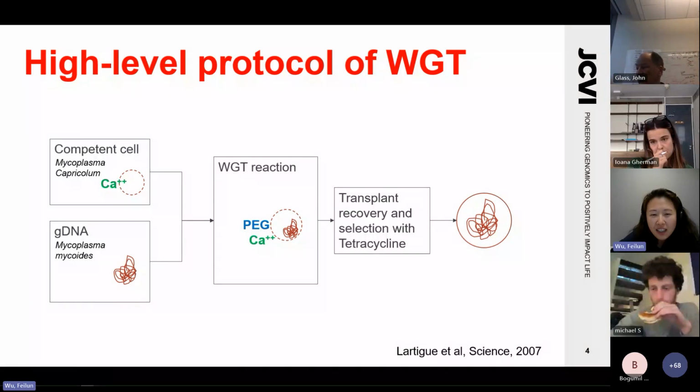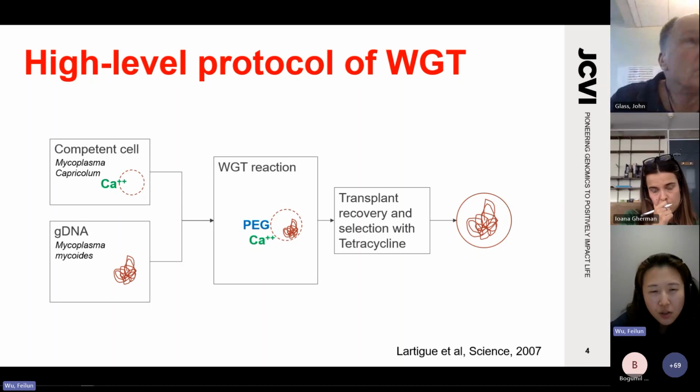You may think that whole genome transplantation just looks like a transformation. And at this high level of protocol, yes, it does look very similar. However, whole genome transplantation is fundamentally different from transformation.